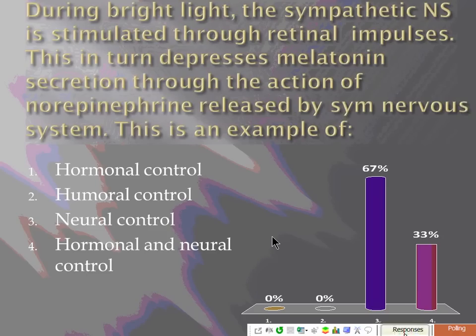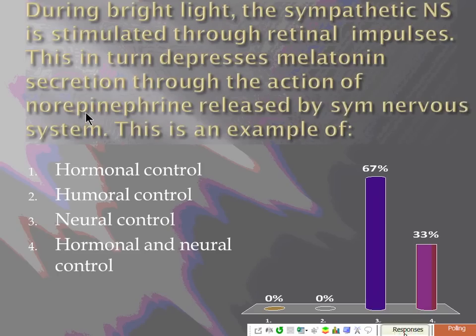Now you have to break this up a little bit. First I said the sympathetic nervous system is stimulated through retinal impulses. So this part here was neural, okay? And then, this in turn depresses melatonin secretion through the action of norepinephrine released by the sympathetic nervous system. So first, when the sympathetic nervous system is stimulated through retinal impulses, what does it do?